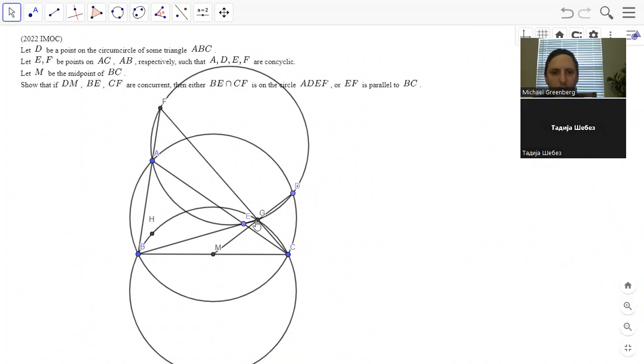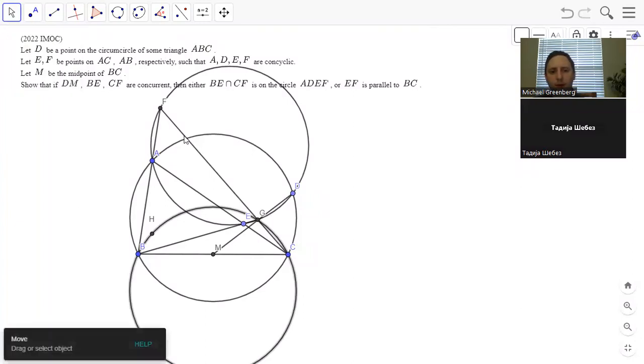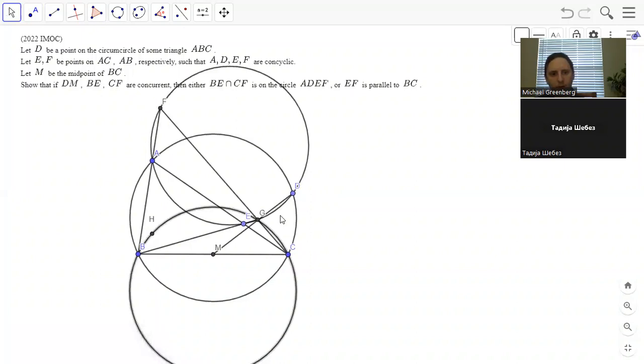So how did you know that G would lie on this circle, BHC? So it's the reflection of ABC over BC. But did you just kind of play around with the diagram? Like, how did you know that that would work?